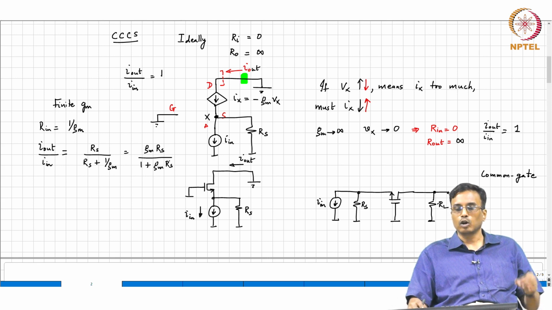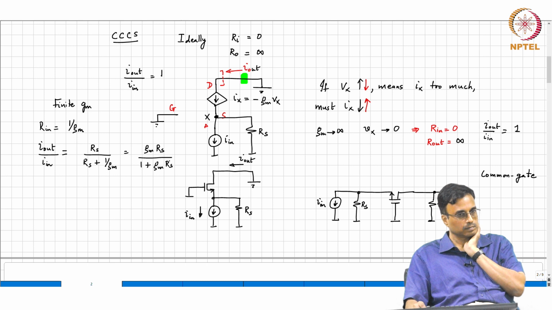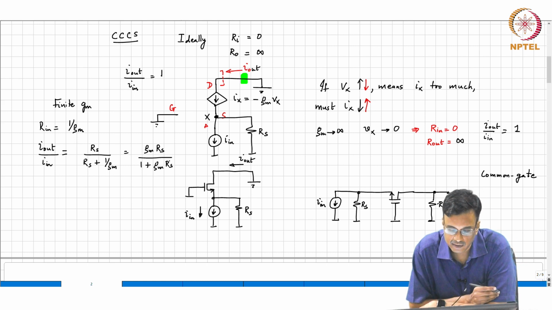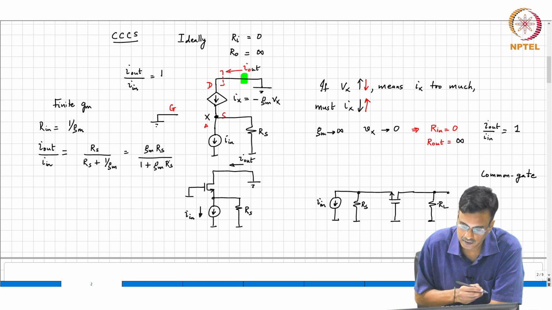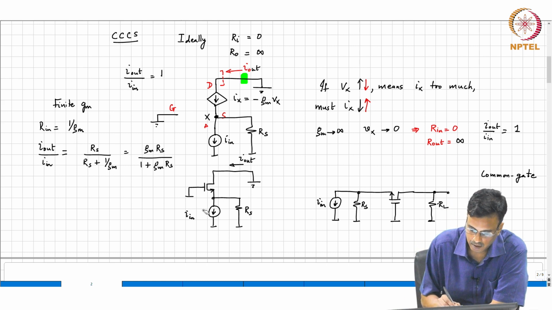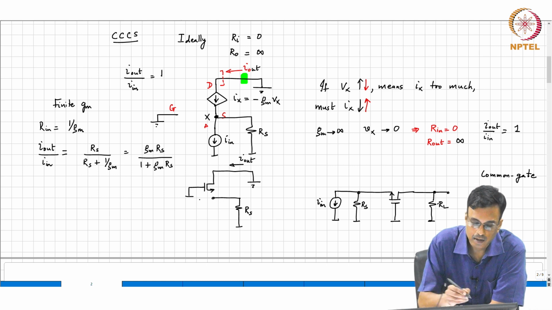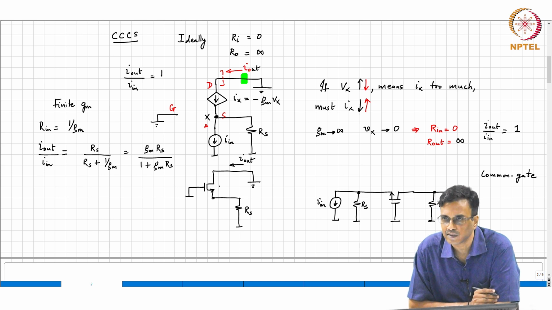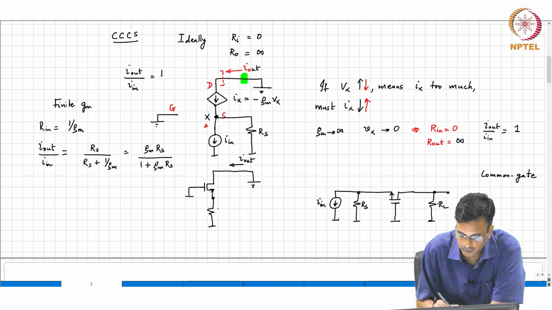What comment can you make about the output resistance with finite gm? Okay, let us apply Vtest and then find what Itest is. Rs is there. This should ring a bell because we have done this analysis before. This is Rs, we are applying a Vtest here.